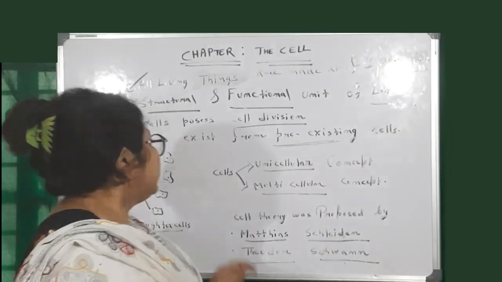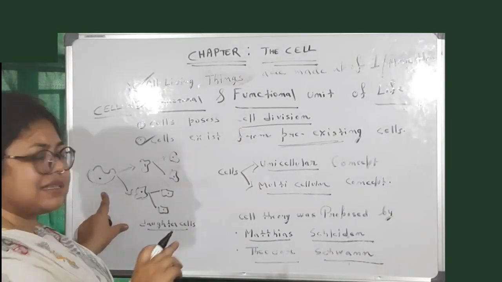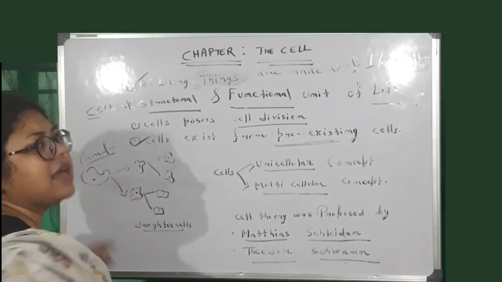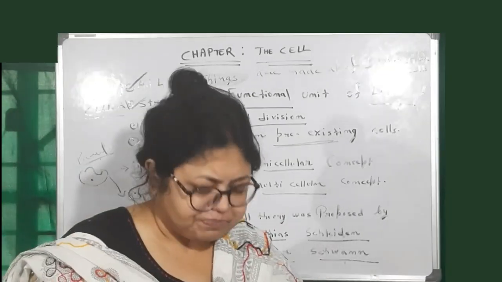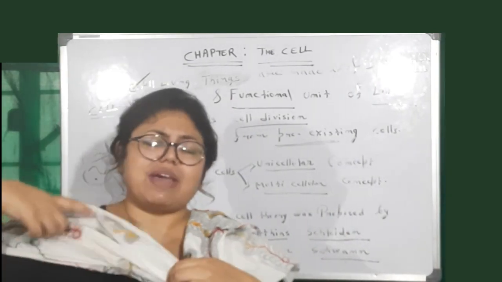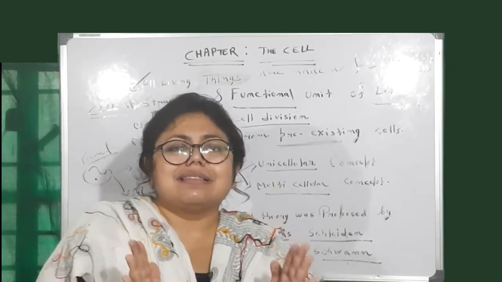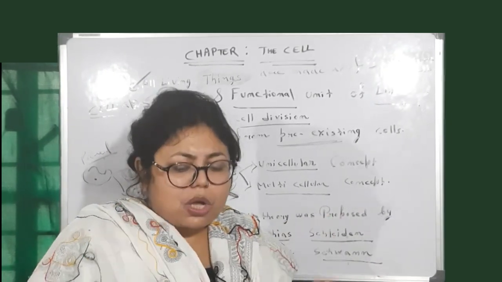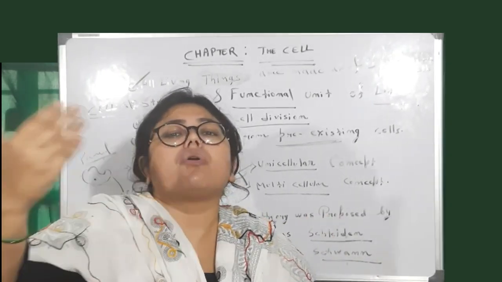That means what? Suppose this is a cell, the parent cell. Parent cell means one cell. Now, when you are very small, you are like this size. How is it that when you grow, you grow into a bigger size of your own?